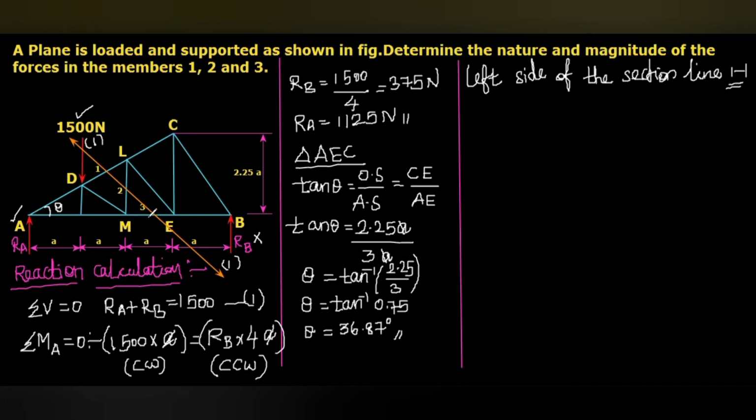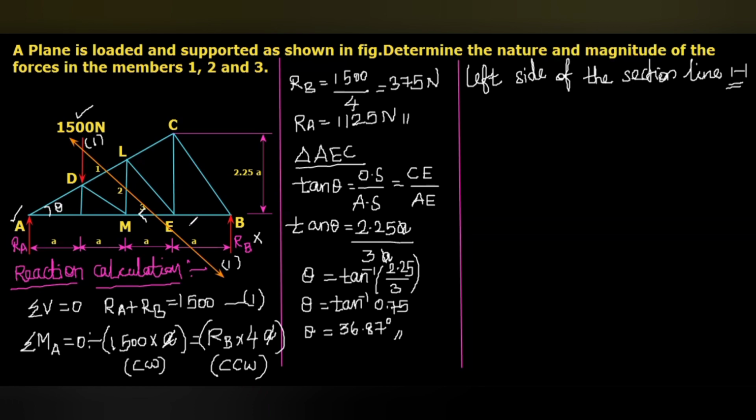And then the force in the member ME is a horizontal force. This horizontal force may act in this direction or otherwise this direction, whatever. But it is a horizontal force, so it passes through point E, point M, and even point A also. Do you understand?